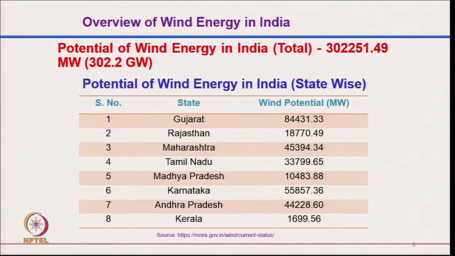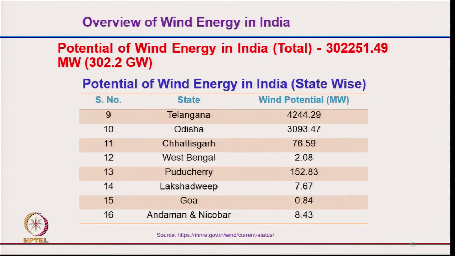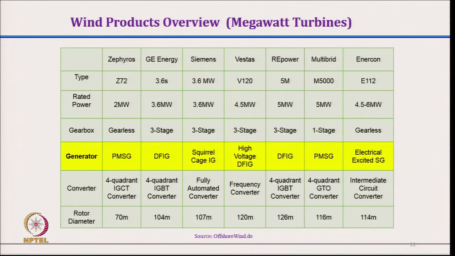The total potential is 302.2 gigawatt, with different potential in different states of India. This is the wind products overview of megawatt turbines from Geophysics, GE Energy, Siemens, Vestas, REpower, Multibrid and Enercon, and they are using different generators like permanent synchronous generator, doubly fed induction generator, squirrel cage induction generator, then high voltage doubly fed induction generator, and electrically excited synchronous generator.